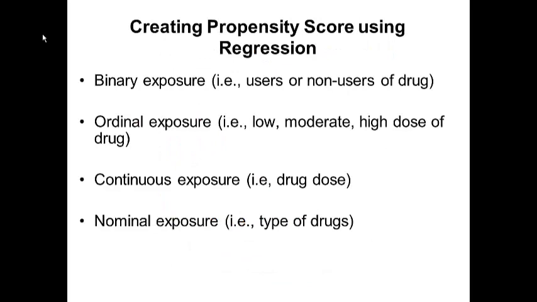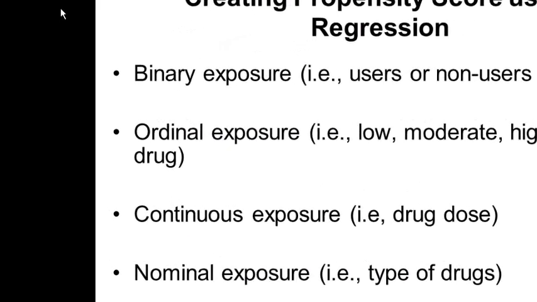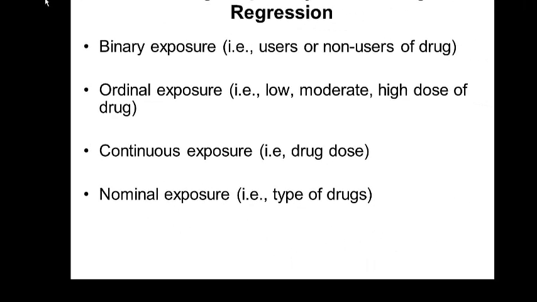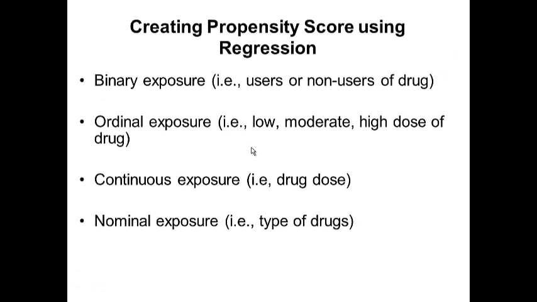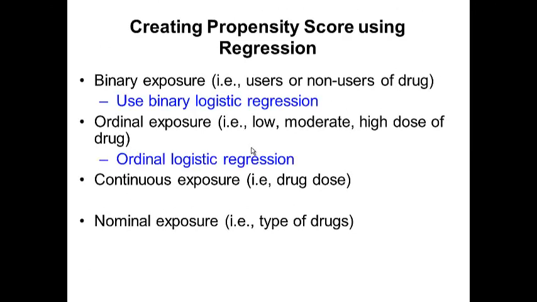Some people ask me whether they can use propensity score for ordinal exposure. For example, they have low, moderate, high dose of drug instead of user and non-user. Yes, you can. For a binary exposure variable, we use binary logistic regression. For ordinal exposure, we can use ordinal logistic regression.